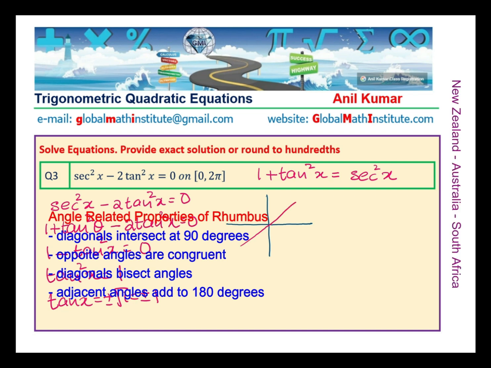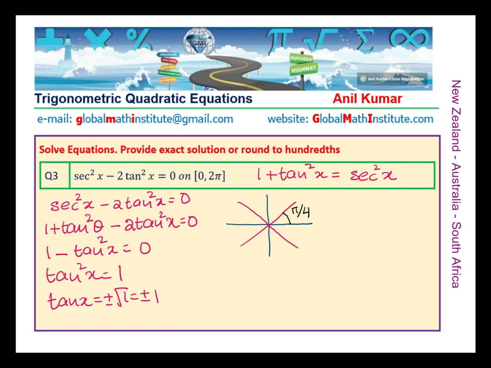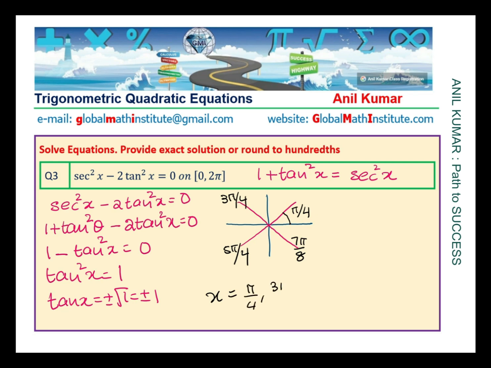The solutions will be: pi by 4 is when tan is 1. So we have pi by 4, 3 pi by 4, 5 pi by 4, and 7 pi by 4. So we get the value of x as pi by 4, 3 pi by 4, 5 pi by 4, and 7 pi by 4.